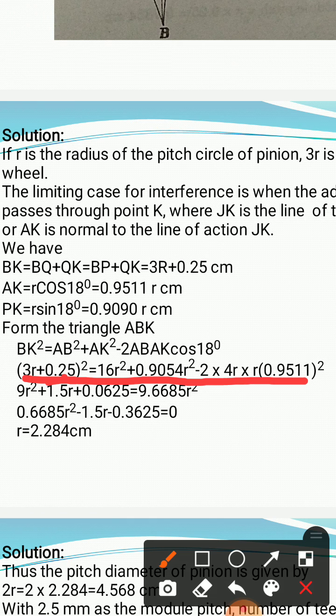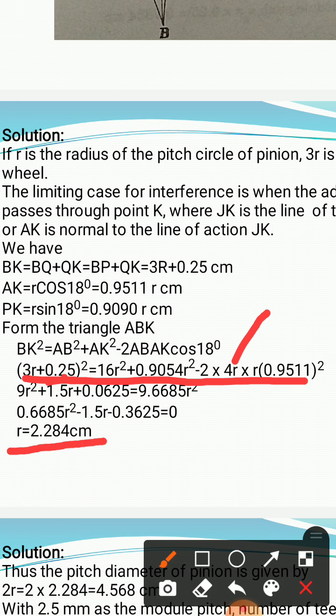After simplifying, the only unknown in this equation is r. So by simplifying this equation, we get the r value equal to 2.284 centimeter.